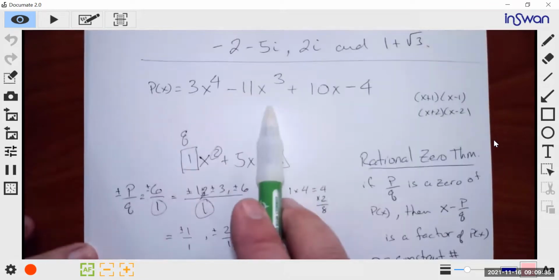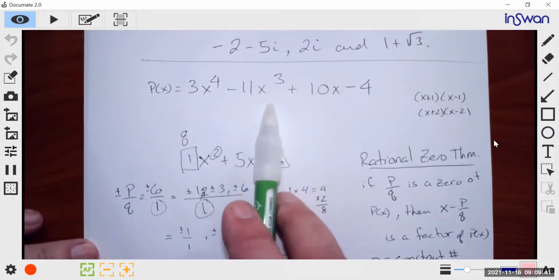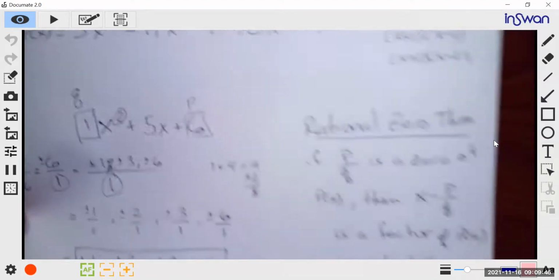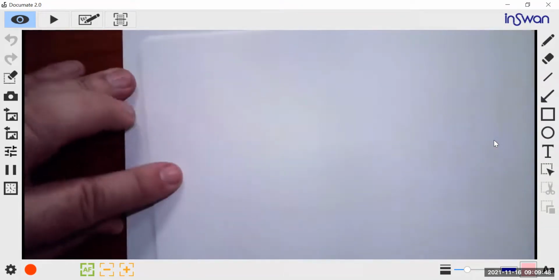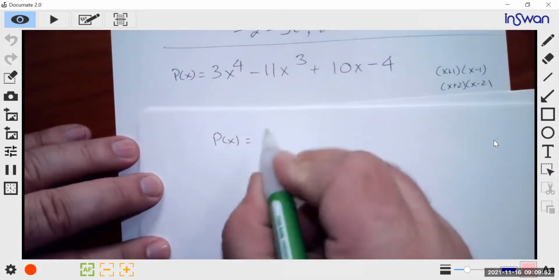Let's go back to this one. Give me the possible rational zeros of this equation. I'm sorry, you couldn't see that, could you?